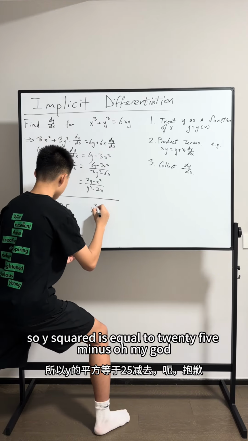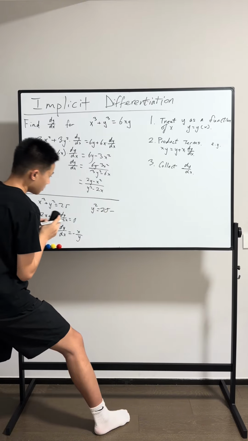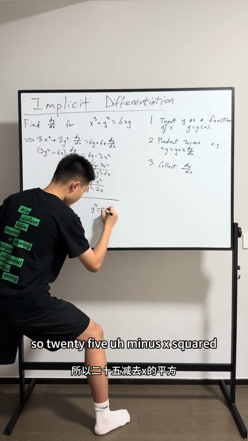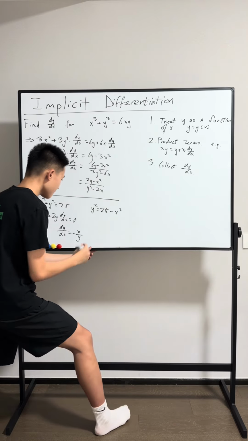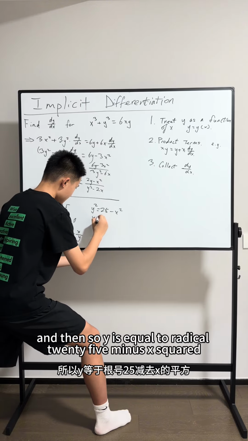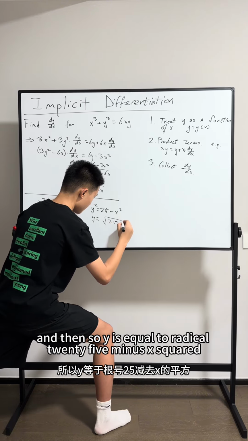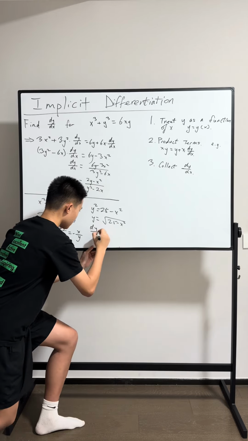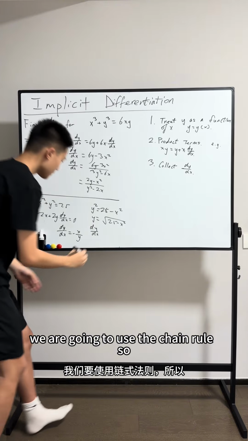So y squared is equal to 25 minus x squared, so y is equal to the square root of 25 minus x squared. Differentiating this, we are going to use the chain rule.